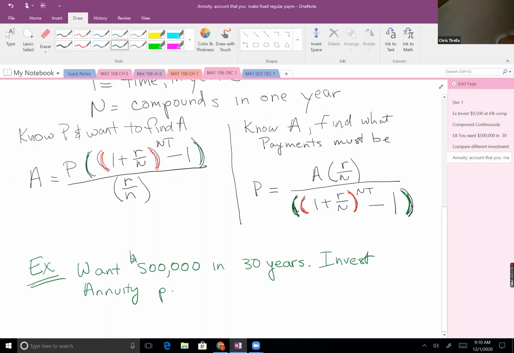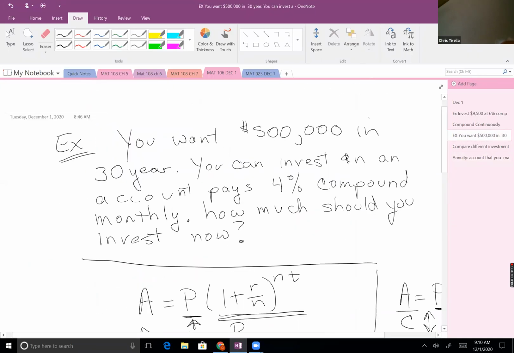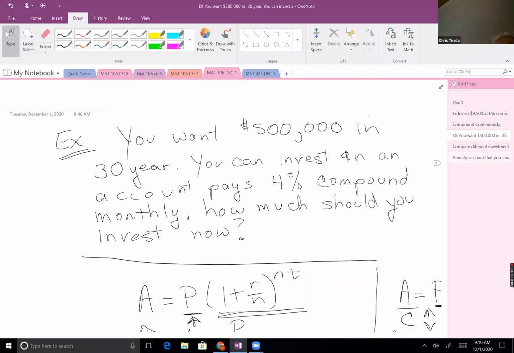That pays, I want to go back. What were we getting? 4% compounded monthly?